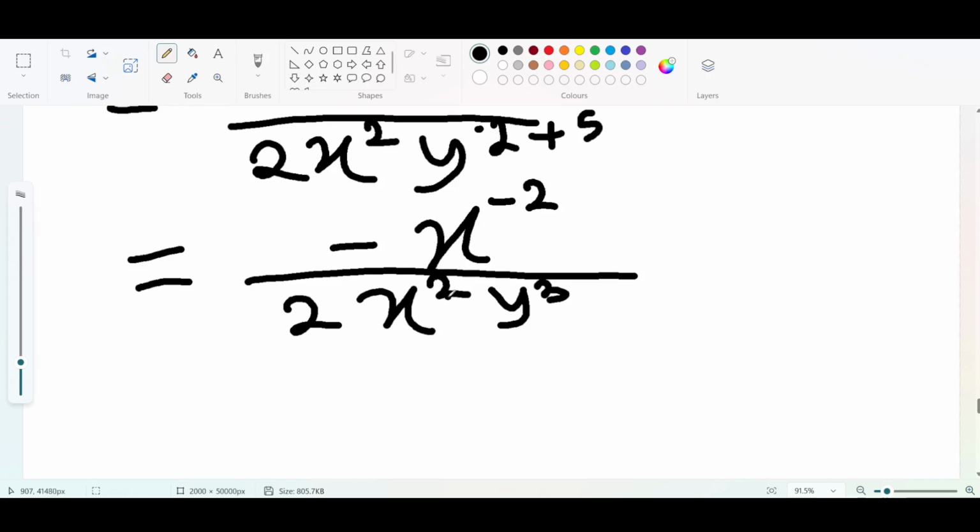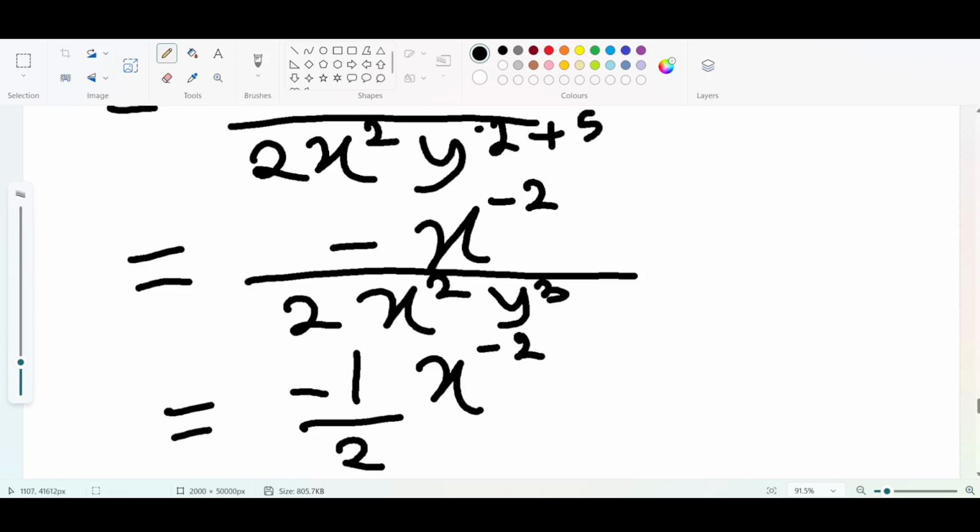So we can now bring this division as minus, that is to the numerator here. Because they are dividing, we subtract the powers. So this is now going to be minus 1 all over 2 x raised to power minus 2 minus 2 all over y raised to power 3.